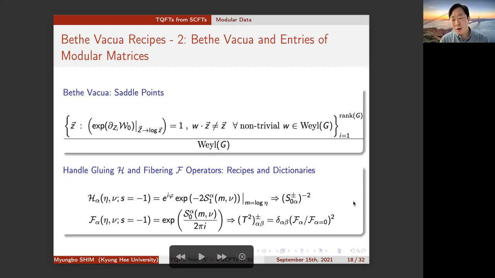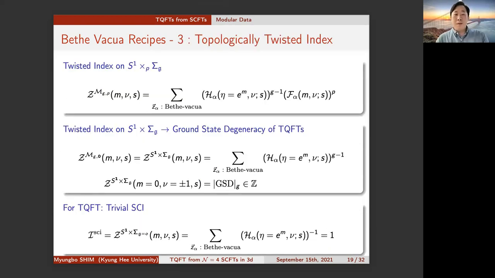But for the spin topological theory, we only know the partial dictionary between the T-matrix and the F operator. And the handle-gluing operator gives the first row or first column of the S-matrix.